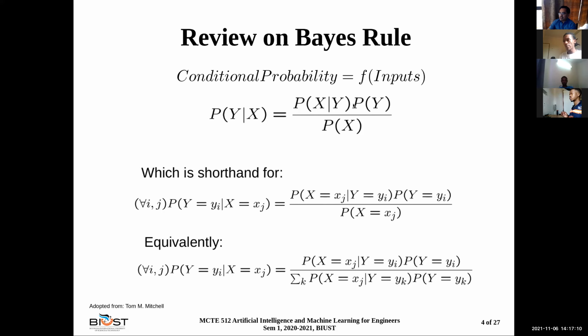Then, given cancer, the probability of the symptoms. Now, if indeed you have the symptoms, if X is a symptom, what is the probability that you have cancer? It's quite scary, but that's how it is. It is based on the probability of people with cancer having that particular symptom.